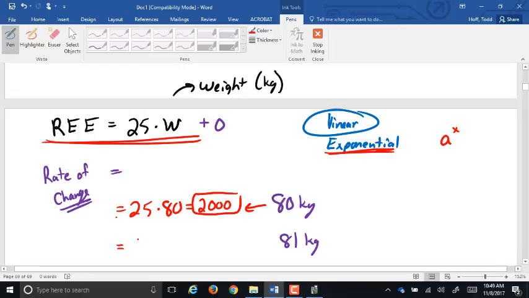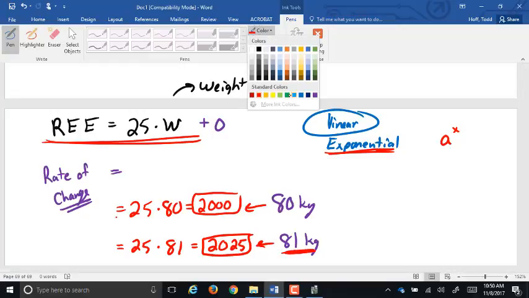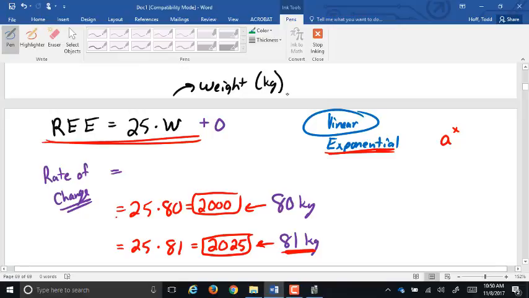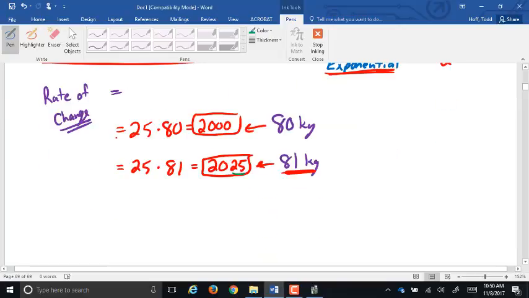If the person was 81 kilograms, it's 25 times 81, which is how many? 2,025. So adding 1 kilogram of weight or mass to a person increased the calorie use by how much? 25.